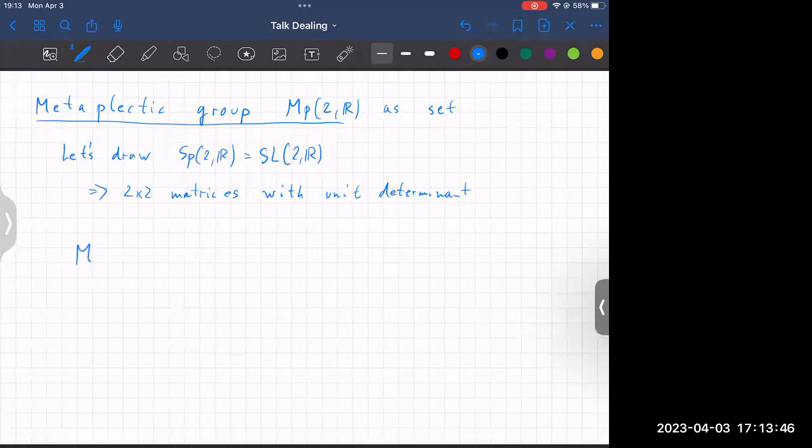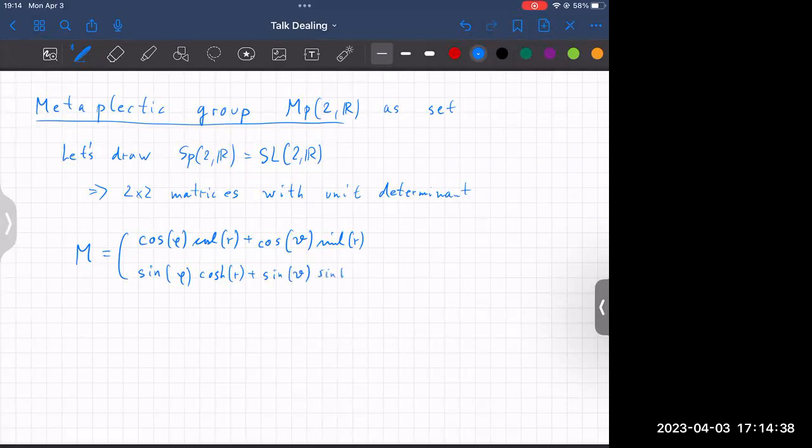So M is the matrix, and it looks like cosine of phi cosh of r plus cosine of theta times sinh of r, and then sine of phi cosh of r plus sine of theta sinh of r.